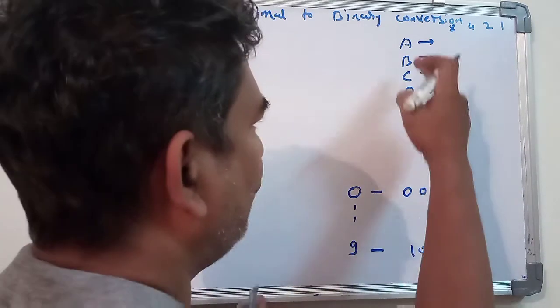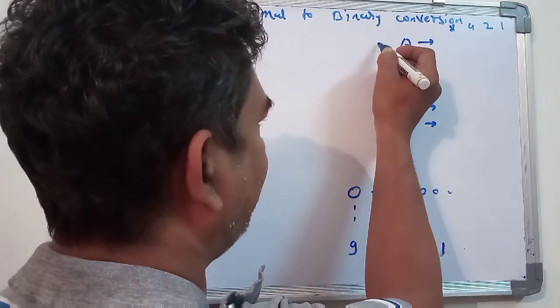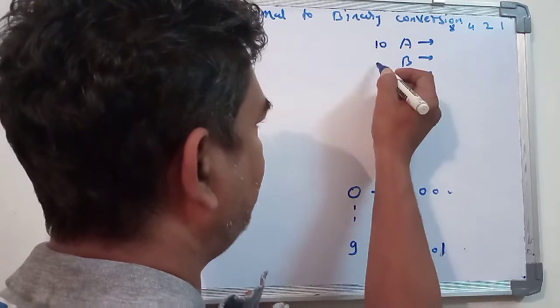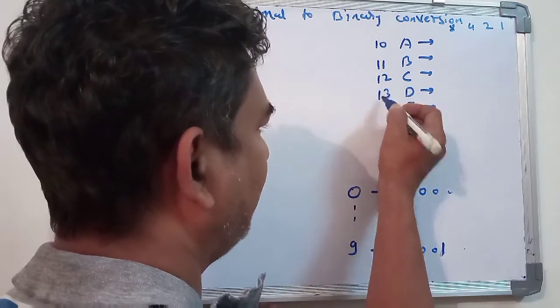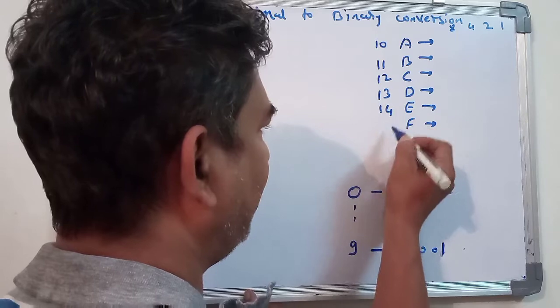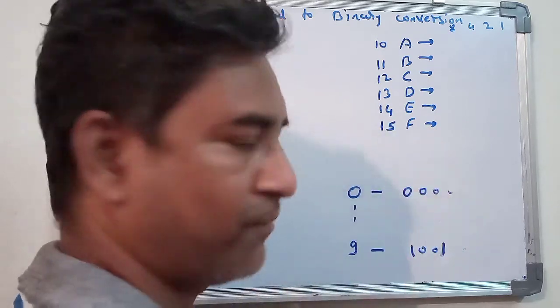So A in decimal is 10, B is 11, C 12, D 13, E 14 and F 15.